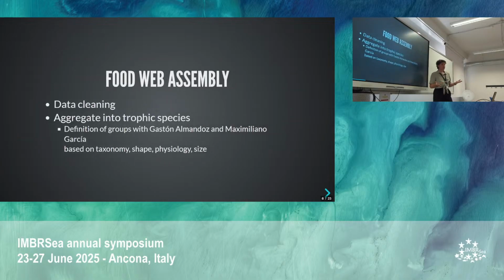The next step was to assemble the food web. This happened first by data cleaning, so all the data we got from the search for the interactions was cleaned, with standard typo removal, and also, for example, detritus had a lot of different names in the papers, and we all said that's detritus.